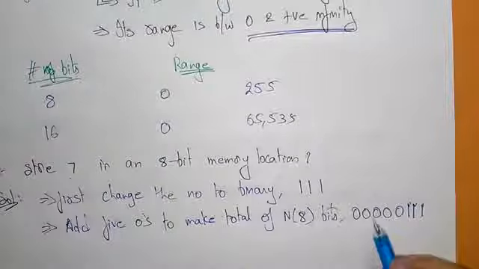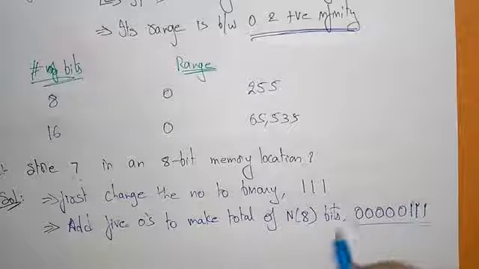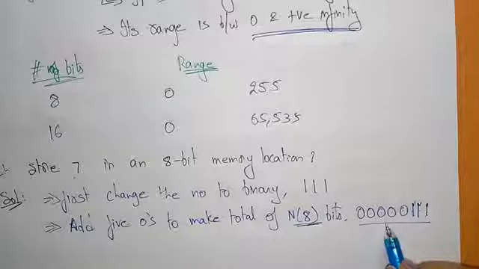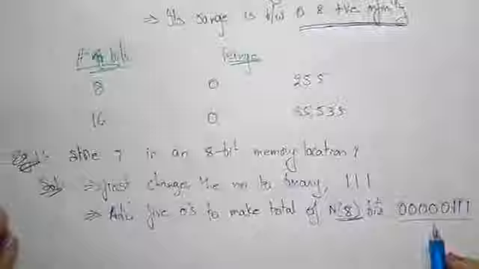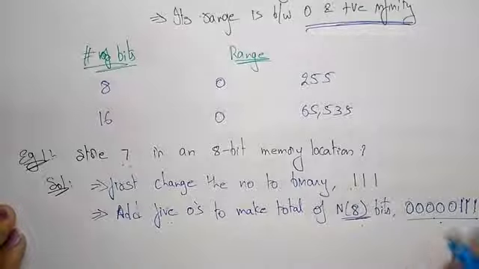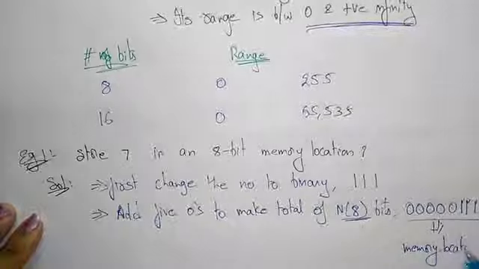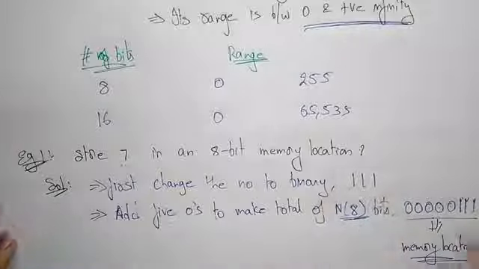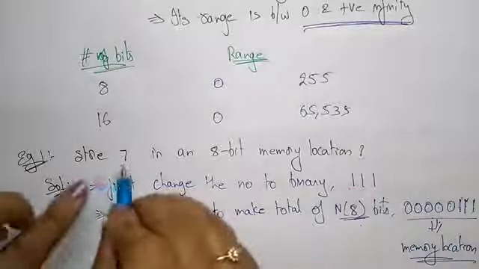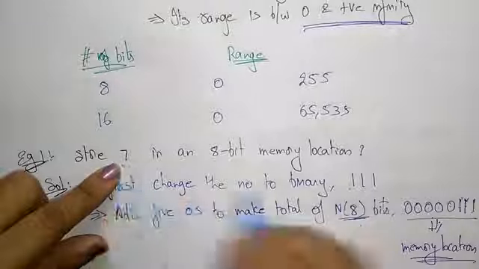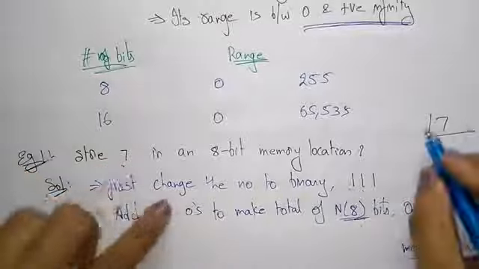So in total you get 1, 2, 3, 4, 5, 6, 7, 8, so the size is 8 bits. Then you will get the 8-bit representation. Now you store these 8 bits in the memory location with the help of the registers. This is how you store the value 7 in an 8-bit memory location. I think you know that the decimal number 7 is converted into binary like 1 1 1, where binary means base 2.